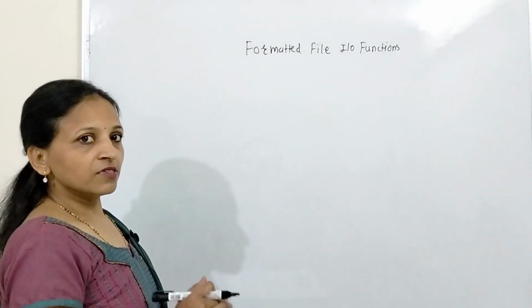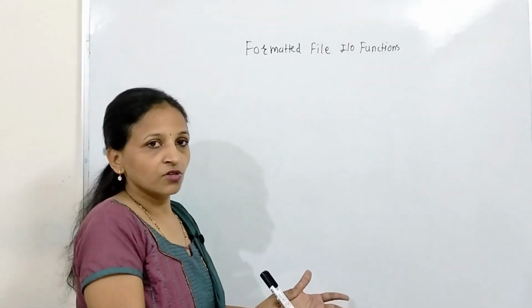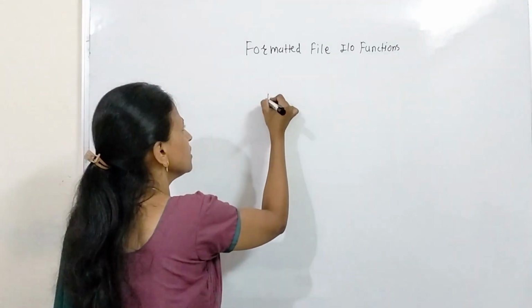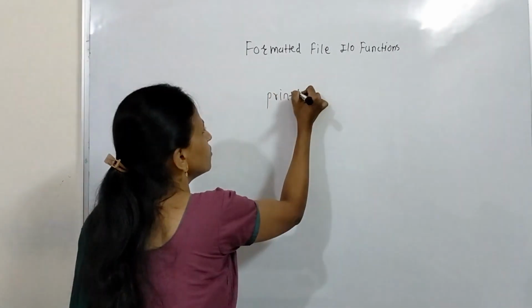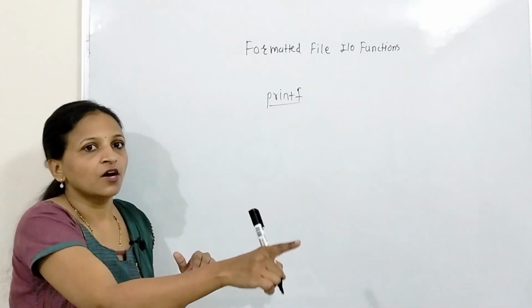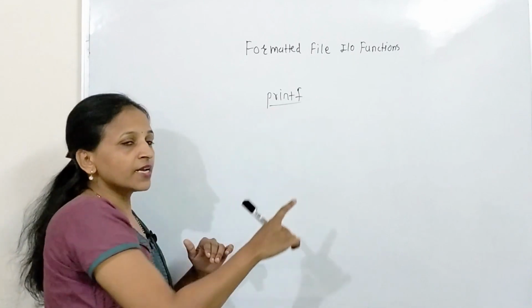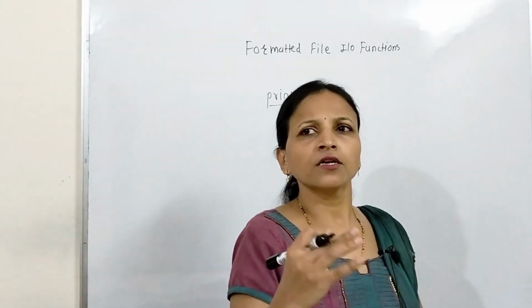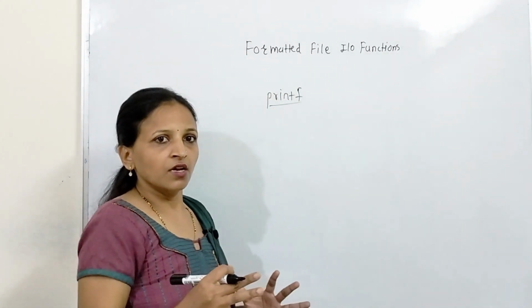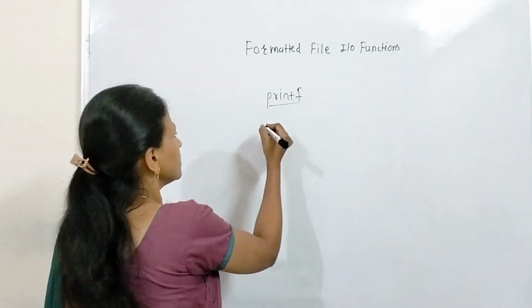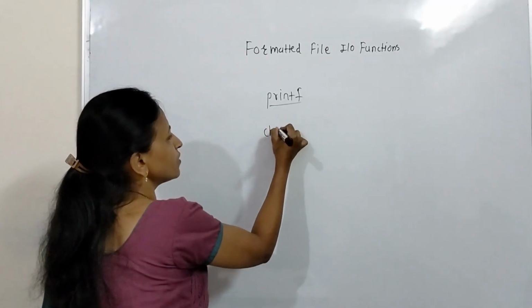For displaying to the console, meaning the output screen, we use the printf function. How do we use this printf function? Let's say I want to display a customer name and customer salary to the output screen. First we have to declare two variables.